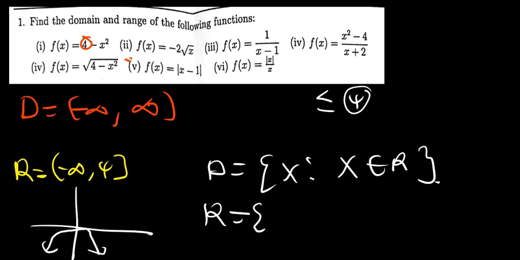So it will be y such that y is less than or equal to 4, and y should be a member of all real numbers. Is that cool? Meaning that we're starting from 4 going all the way to negative infinity.